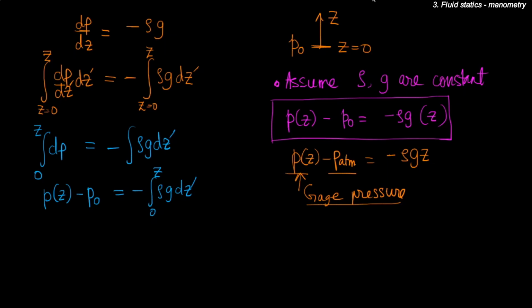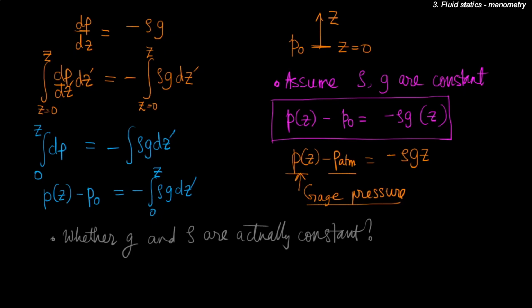Let us look at the justification whether g and rho can be assumed as constant. The radius of the earth is 6,400 kilometers. Suppose from this point at the surface of the earth, you go to an altitude of 20 kilometers, which is like the service ceiling of some supersonic jets.